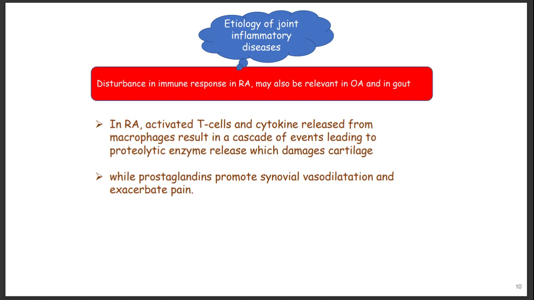Prostaglandins promote synovial vasodilatation and they will exacerbate the pain. Okay, prostaglandins that are released. This is why when you are treating, you are inhibiting the entire pathway, because at the end you also produce the prostaglandins which worsen the pain.